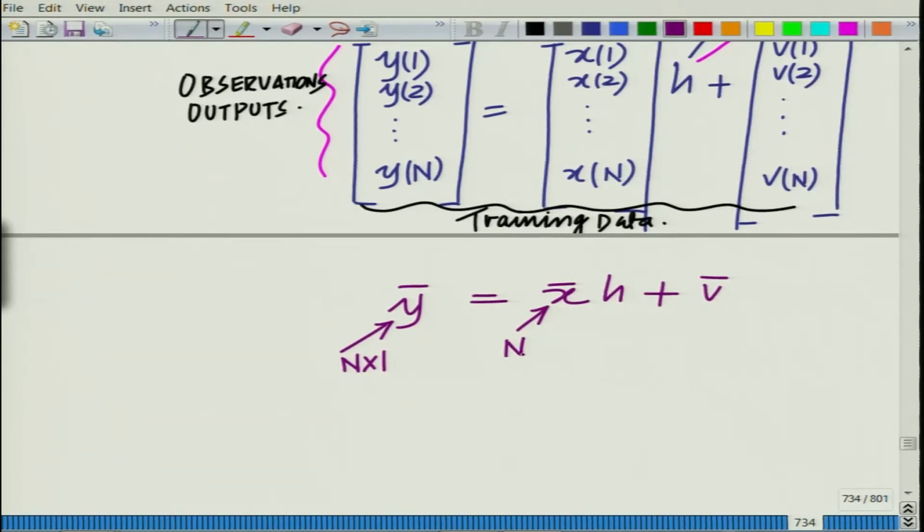This is also an n dimensional vector, n cross 1. This is a scalar parameter, 1 cross 1, and this is the noise vector.